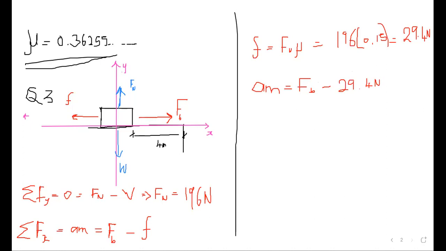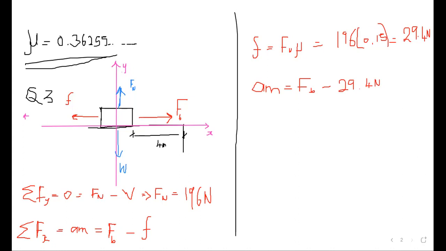Let me go back to the question and read what it is asking me. It says the rear side of the track is open, and the acceleration is 2 meters per second squared. The mass of this box is 20 kg. So what is this force, FB?